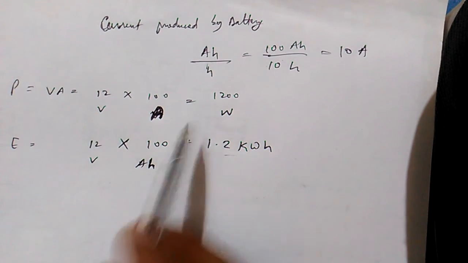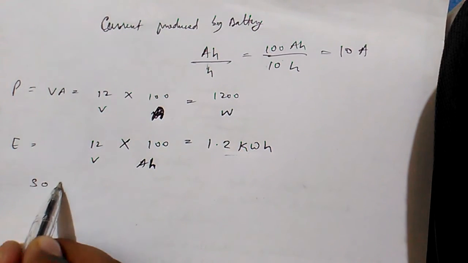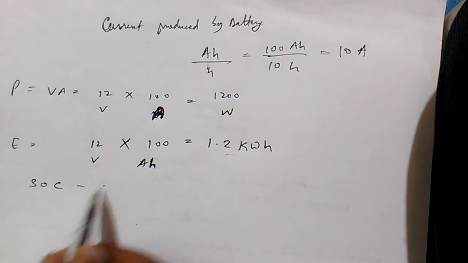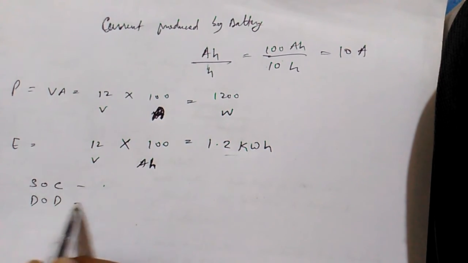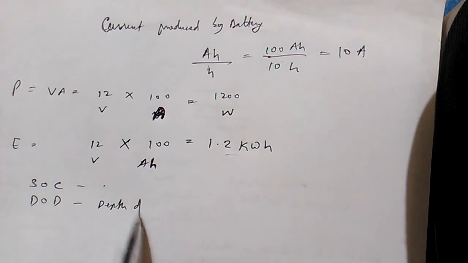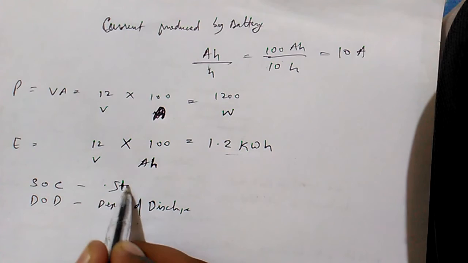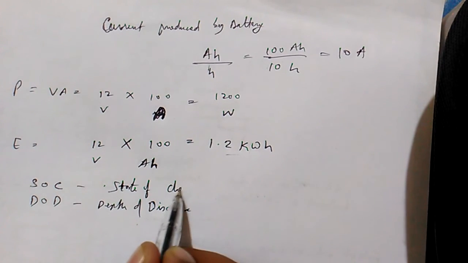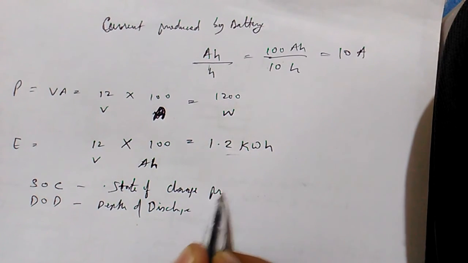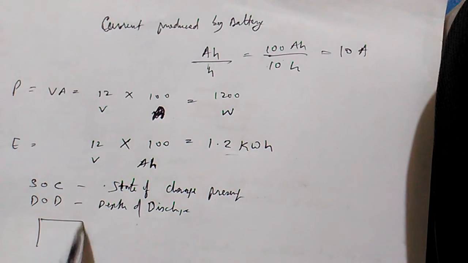So this is energy, and state of charge and depth of discharge. Depth of discharge, and this is the present state of charge. So this is the battery.